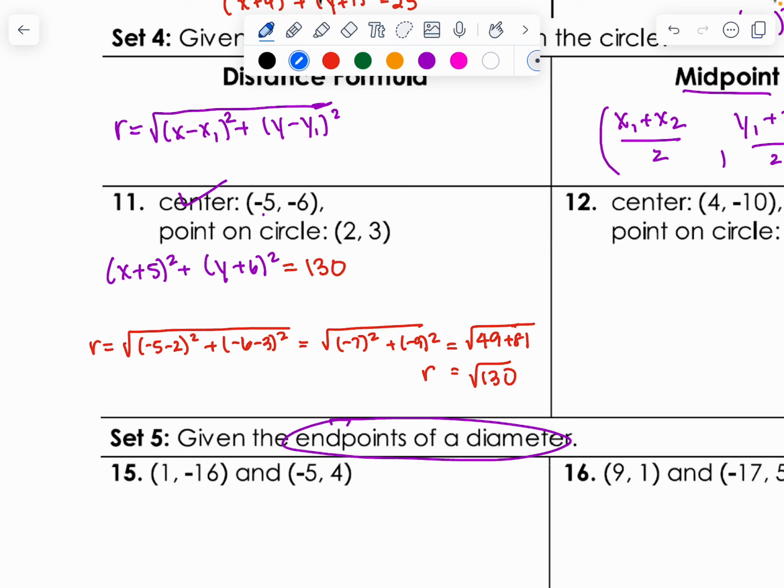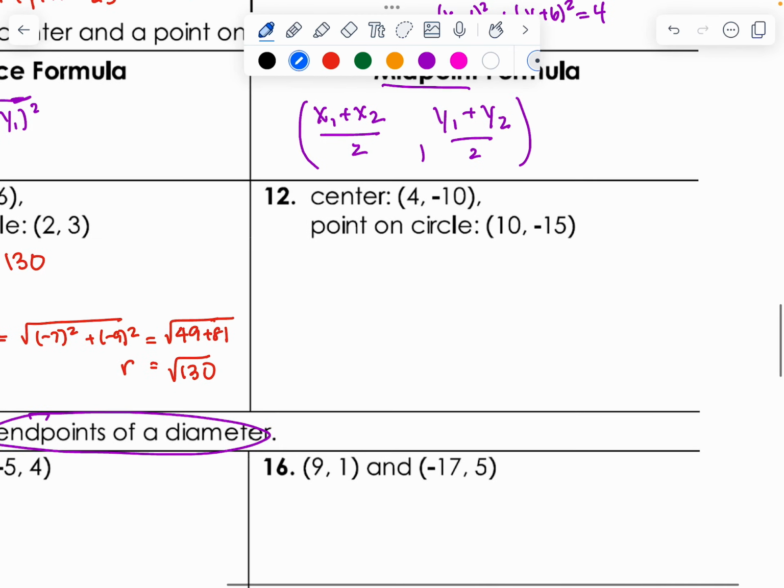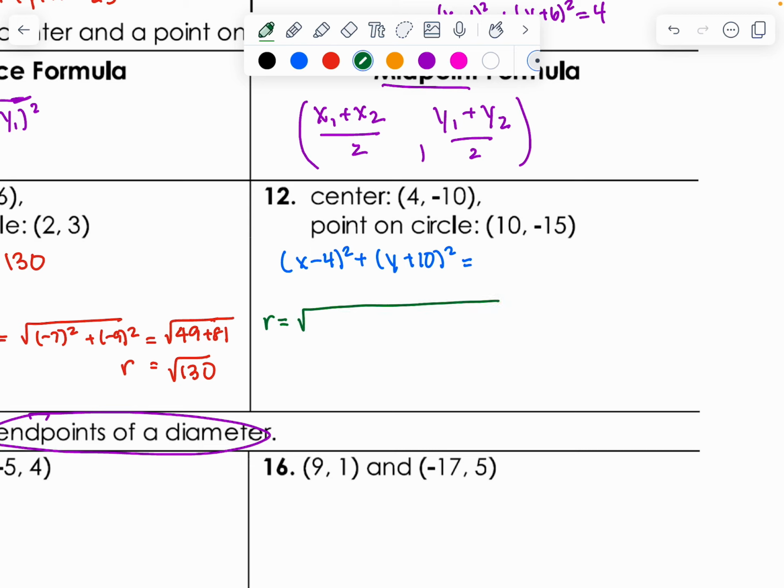All right, let's do that again on the next one. So obviously I can start by putting in my x minus 4 squared plus y plus 10 squared, and I need to figure out what it's going to equal. So using the radius formula, or the distance from the center to any point, which is why it's the radius, is going to be 4 minus 10 squared plus negative 10 plus 15 squared.